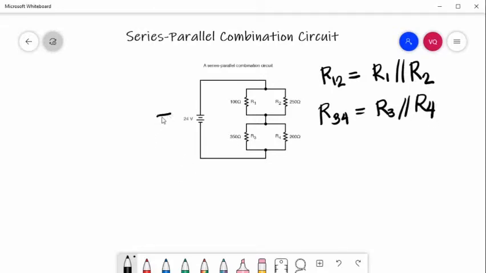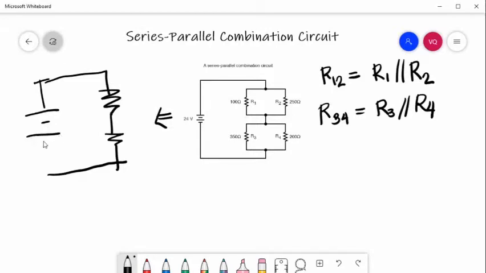Then we can redraw this circuit by the equivalent. So this one is your source. This first resistor is the combination of R1 and R2. So we'll have R12 and R34.